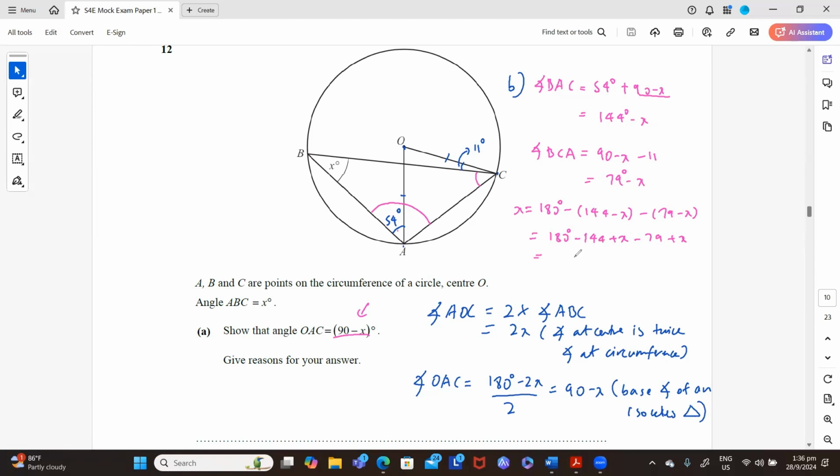So you will have 2x minus 43 equals x. So therefore, x equals 43 degrees. That is your answer to part B.